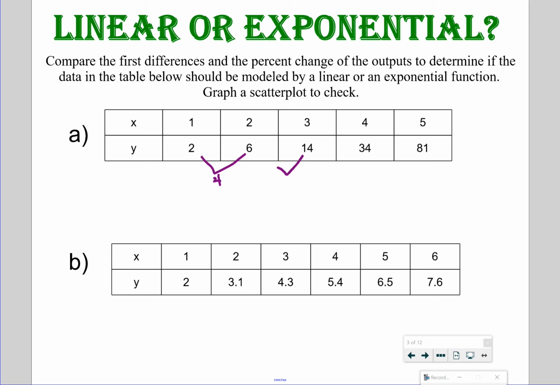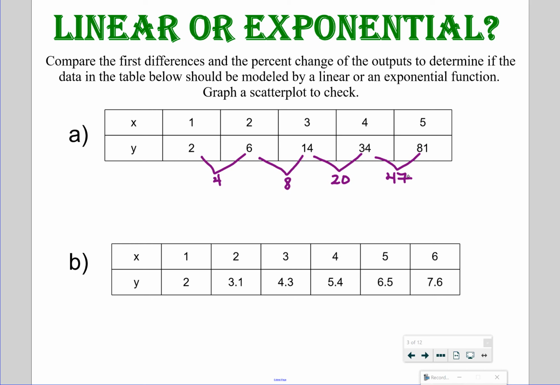The difference between 14 and 6 is 8. 34 and 14, it's an increase of 20. And 81 and 34, that's an increase of 47. So you can see my first differences are not constant here, so a linear model would not be even close to appropriate.